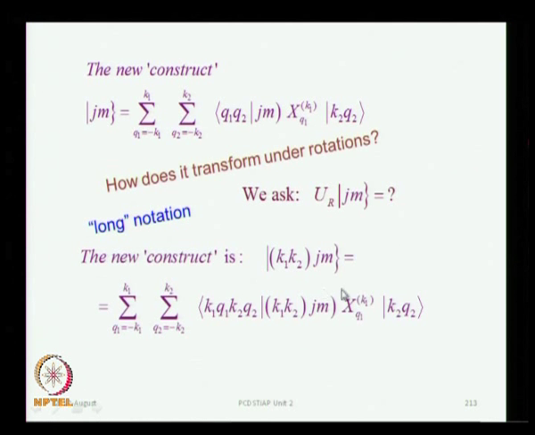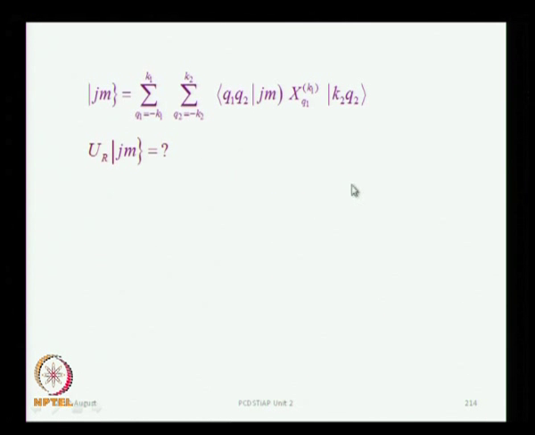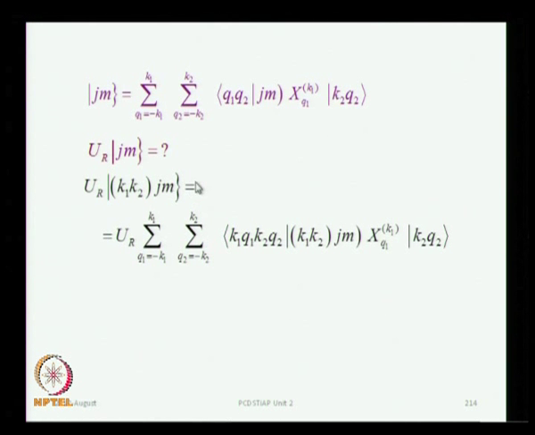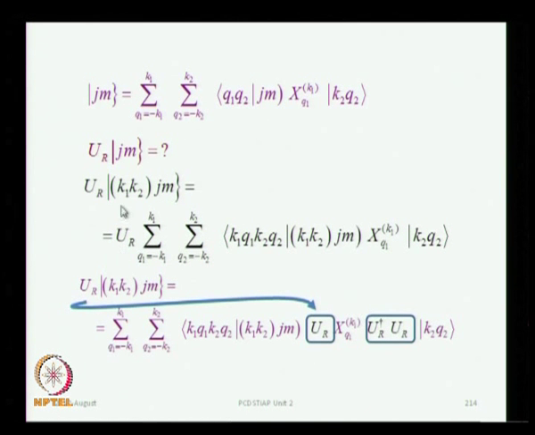So, this is the full notation for the same expression at the top, and the Clebsch-Gordan coefficient is also now written fully over here, and we are asking how does this vector respond to rotations. So, what we will do is consider the response to rotations.